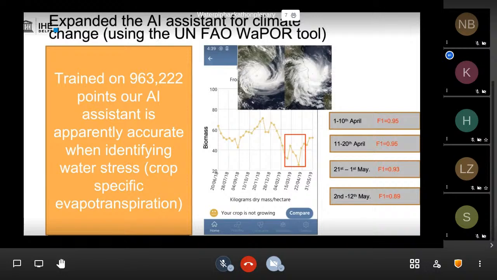So the data is coming in from WaPOR every 10 days. And so we could see with roughly 95% accuracy on the holdout data, how well we could have predicted this. So rather than farmers experiencing the stress, we have the ability through spatial temporal machine learning to use predictive analytics to say a stress is coming. And of course, that is a much better proposition than just experiential knowledge.